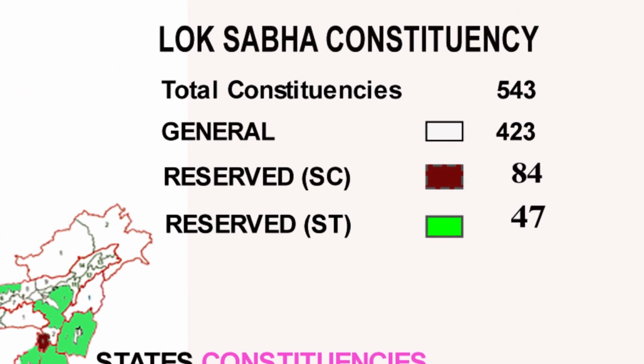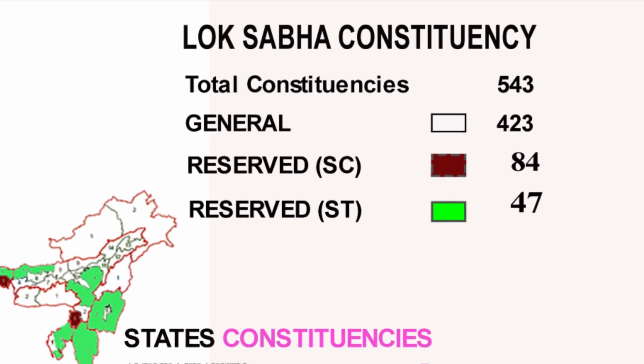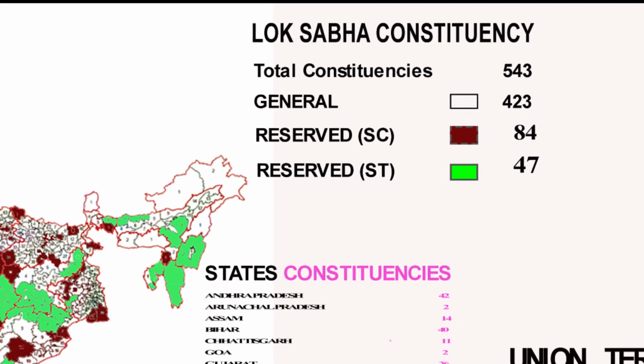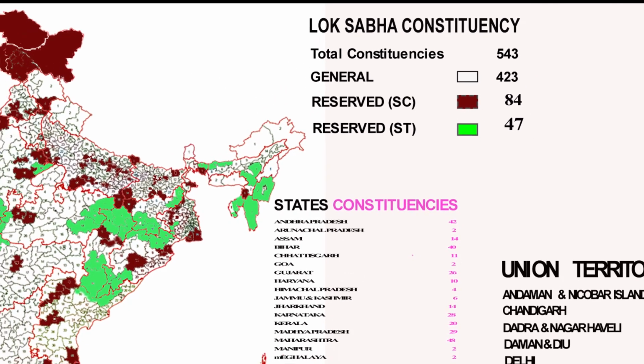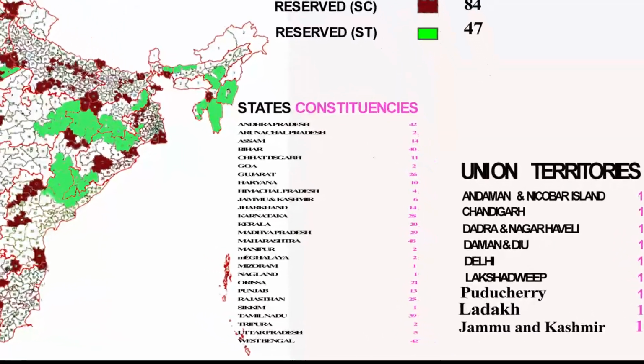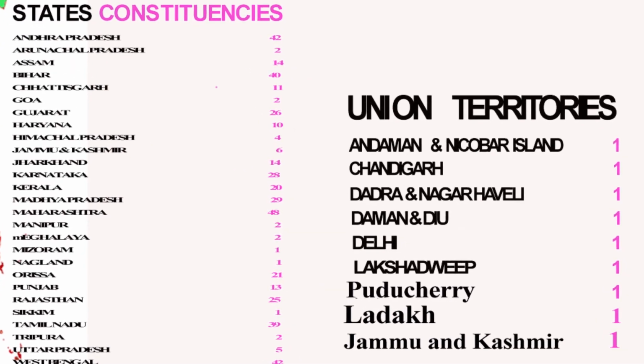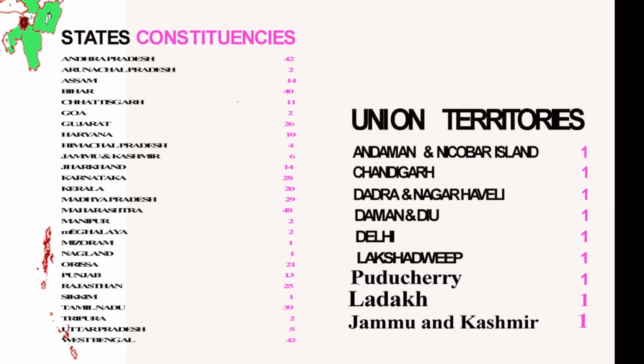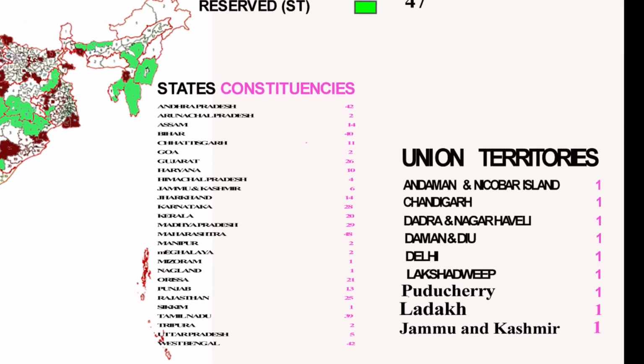So, there is a special system of reserved constituencies where only scheduled tribes or scheduled castes can contest in elections. Currently, there are 84 seats reserved for scheduled castes and 47 seats reserved for scheduled tribes for the Lok Sabha election in proportion to the share of their population.